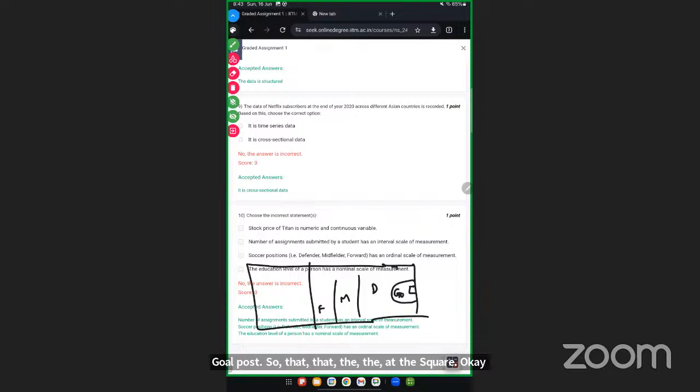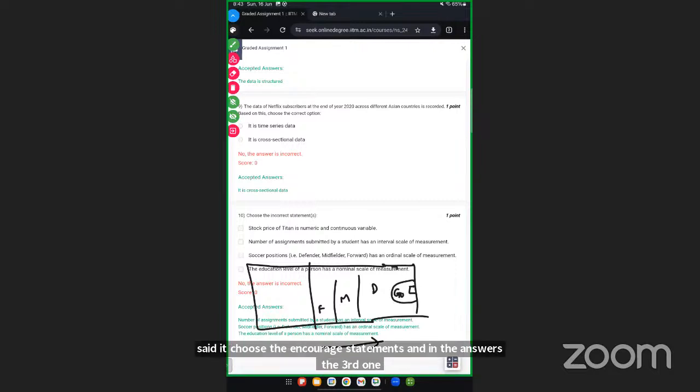So you are saying they are actually in order, or in a scale of measurement. Yes, sir. That's what is written, right? What is the problem then? The question asks to choose the incorrect statement, and the third one is the incorrect statement. But I don't find how it's incorrect. I find it correct.